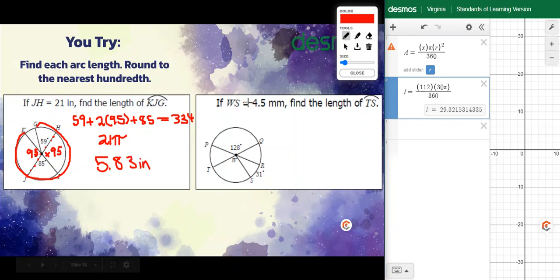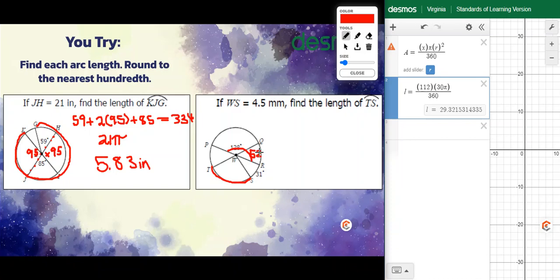On the second problem, you're trying to find the length of TS, which means that we needed to find some additional angles also. 128 plus QR would have given us 180. So if we subtract 128 from 180, this gives us 52 degrees here.